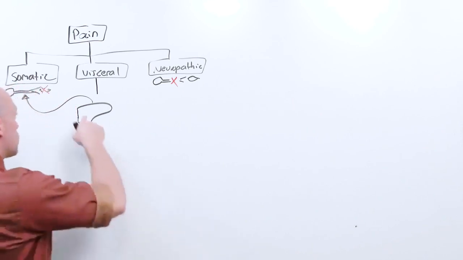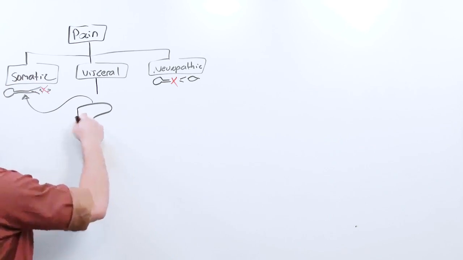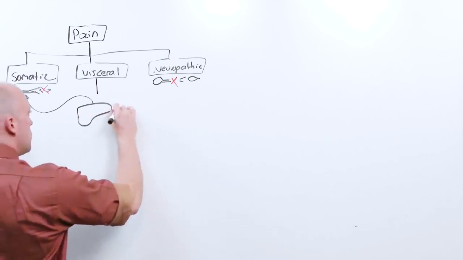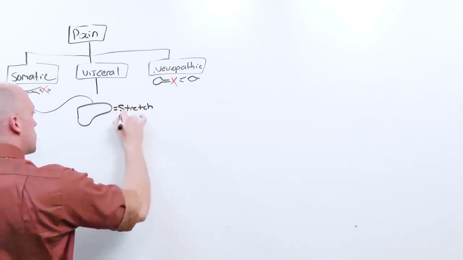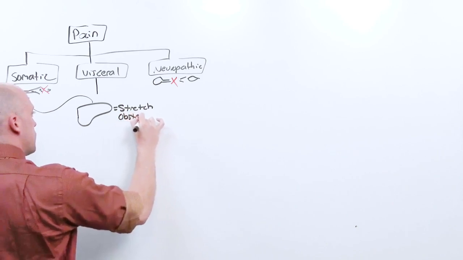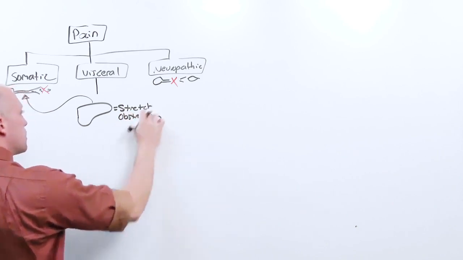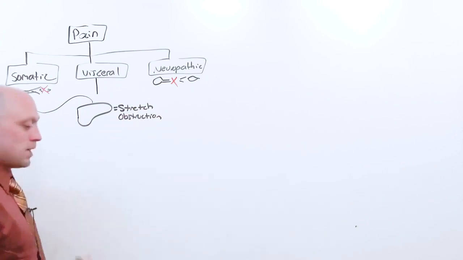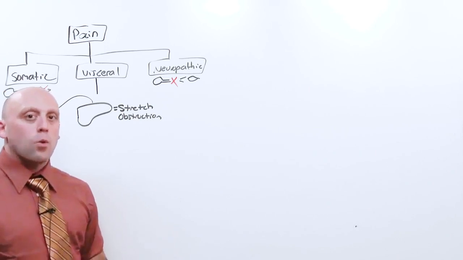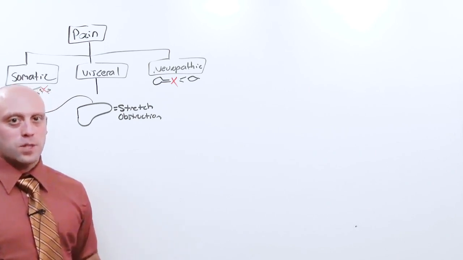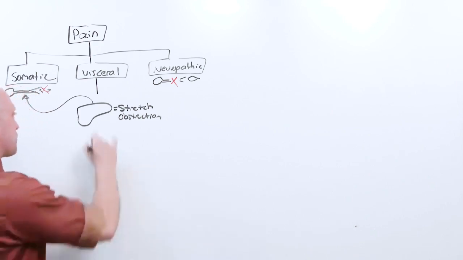So there's no actual pain receptors. What organs feel is stretch and obstruction. You have to be a hollow viscus to feel obstruction, but it's stretch and obstruction. That's what's going to cause pain to an organ, or it's going to come in contact with something that's somatic, like the peritoneum.